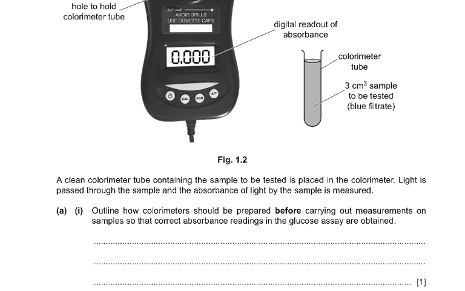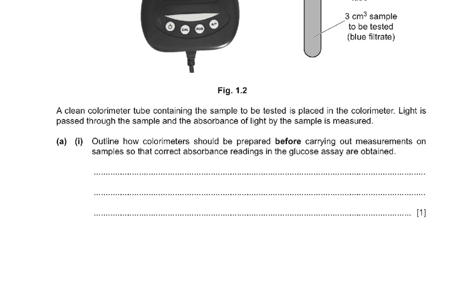Outline how colorimeters should be prepared before carrying out measurements on samples so that correct absorbance readings in the glucose assay are obtained. So somehow you've got to standardize it. So number one, you have to ensure the correct color or the wavelength of light. Either you said that, or you said use a colorimeter tube which contains just distilled water or deionized water, and that is the zero absorbance.